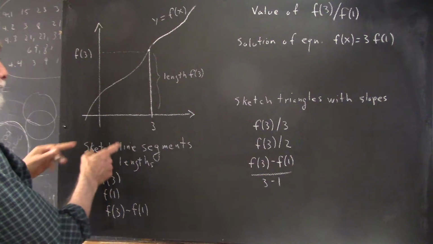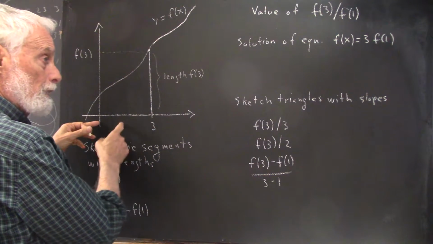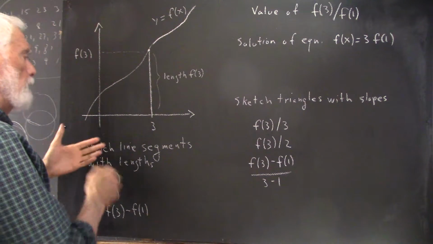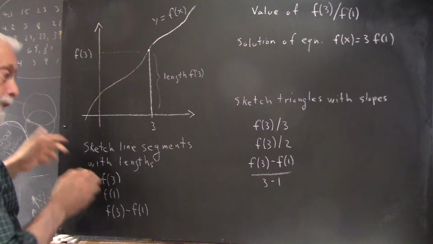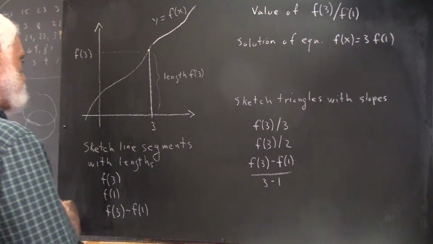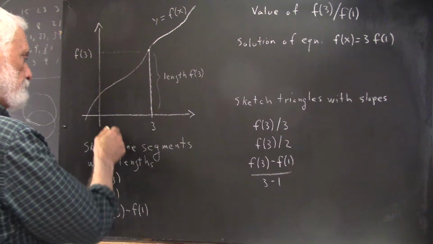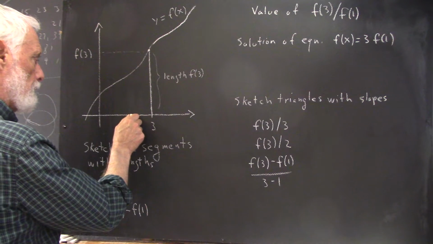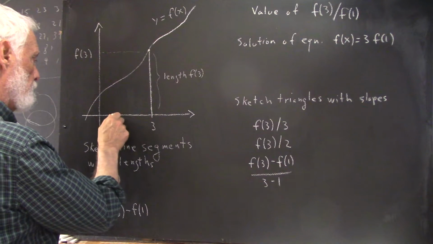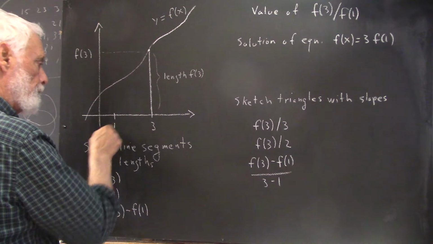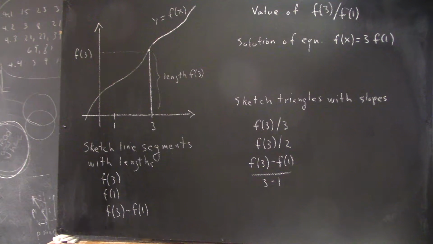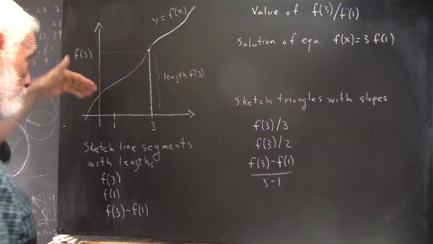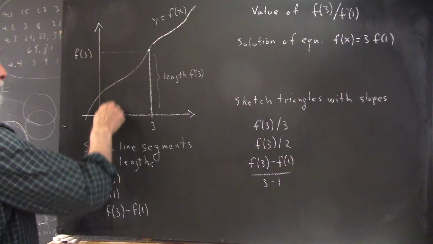Now, compass and straight edge wouldn't help you a lot here because you can't trisect a line segment, although you could approximate 1/3 of this distance using a lot of subdivisions. We're just going to eyeball it, 1, 2, 3, so I think 1 is about here. We're just trying to draw representative line segments on the graph, so it's okay to use a rough estimate.